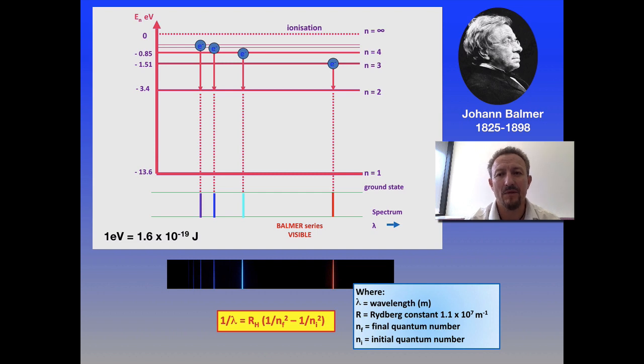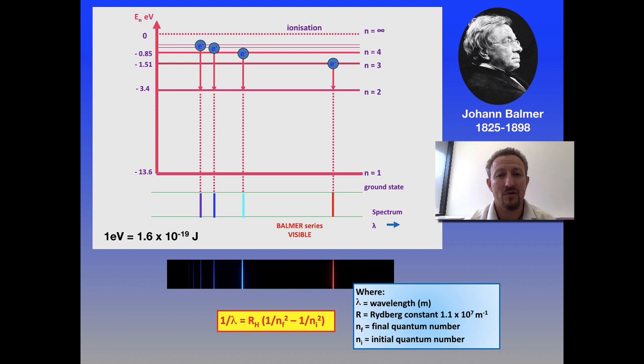And he came up with a formula which allowed him to work out the wavelength as an electron was dropping from one energy level to the next. And basically what he had was 1 over lambda, or the wavelength, equals the Rydberg constant, which is 1.1 times 10 to the 7 per meter, times 1 over nf squared minus 1 over ni squared.